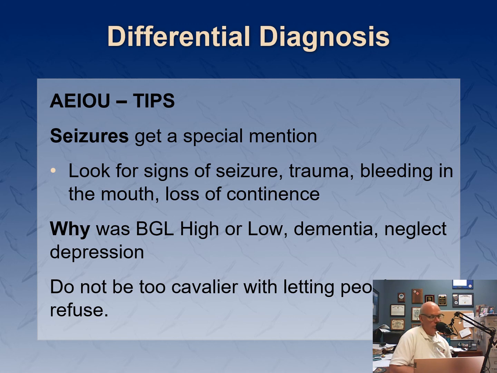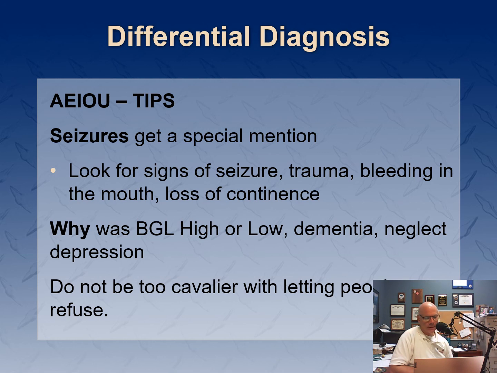Is there any oral trauma, like did they bite their tongue or bite their cheek? And is there any loss of continence? That would give us the idea that maybe they had a little seizure during this episode. Something that we would want to bring to the patient's attention, bring to the doctor's attention, and make sure that we document.